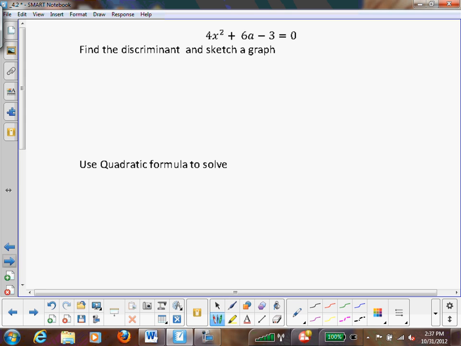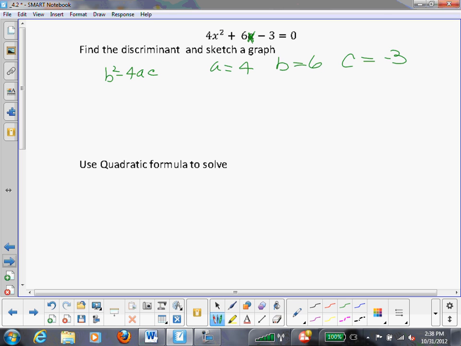All right, so find the discriminant and sketch a graph. This should be an x here. What's the discriminant? Hold on, give it to me with letters. Okay, a is 4, b is 6, and c is -3.